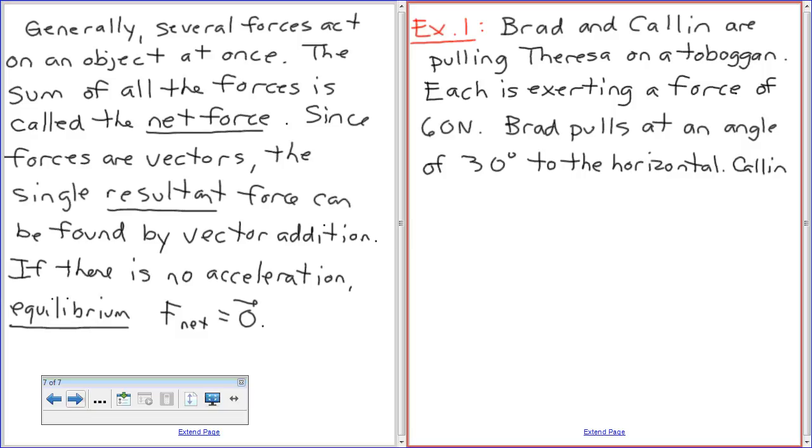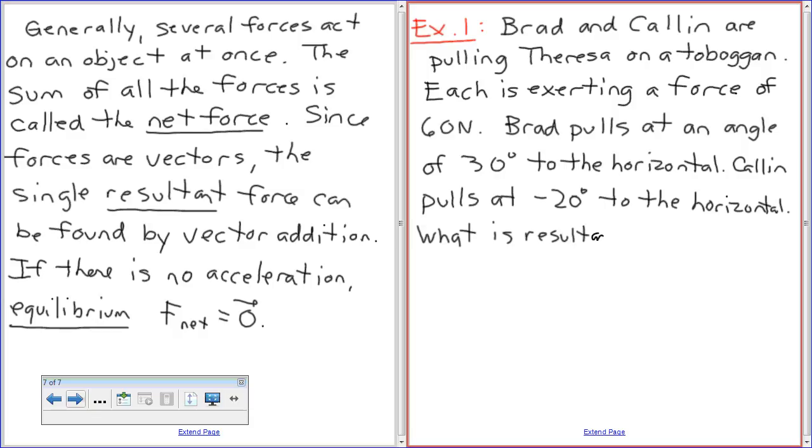Callan pulls at negative 20 degrees to the horizontal. What is the net force? What is the resultant force exerted on Teresa's toboggan?